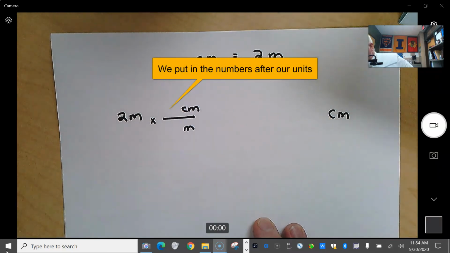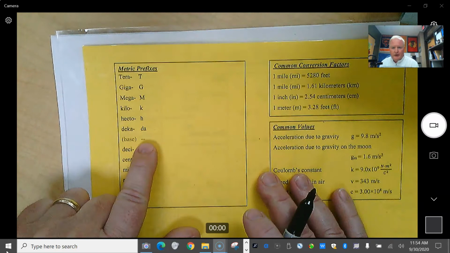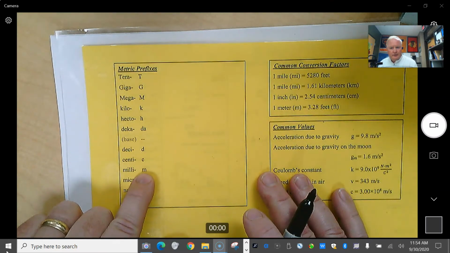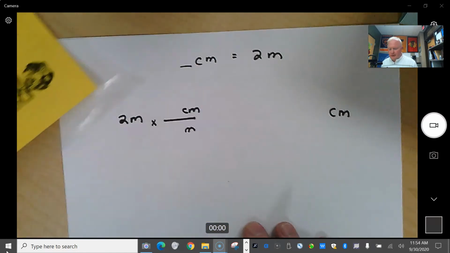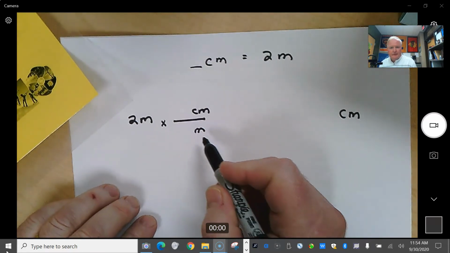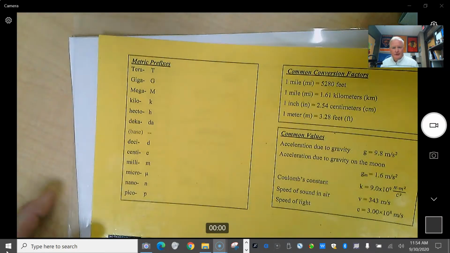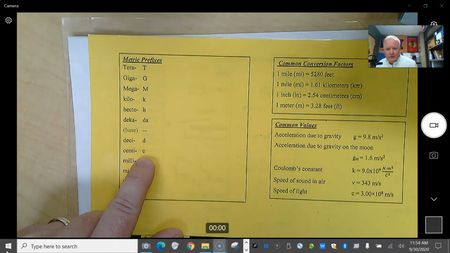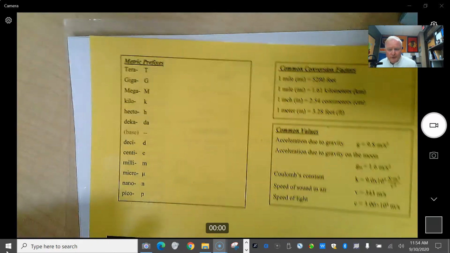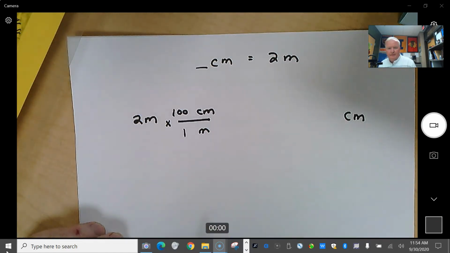Most of us know it, but if we don't, we just go to our sheet and we go, okay, here is our base, centimeters right down here. Since meters is on the upper part, meters is bigger, right? And so we put a 1 in front of it. And then we go back to our sheet and we say, okay, centi is down here from the 1, 2. So that's 1/100th. And so we put in the 100 right there.